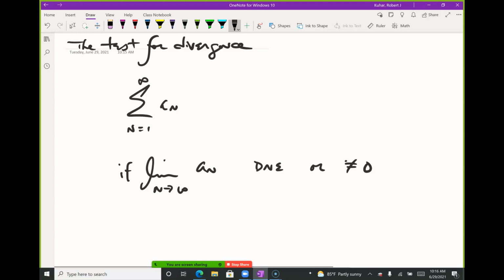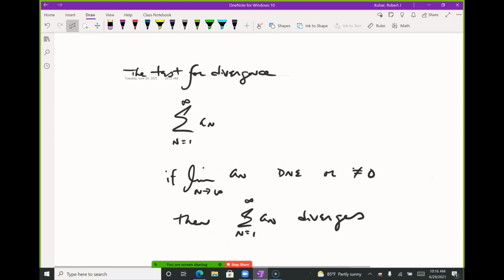The limit doesn't go to 0. I am not adding nothing anymore. I'm still adding something, and if I keep adding something, no matter how small, if it's not 0, I'm going to diverge. Then the series from n equals 1 to infinity of a sub n diverges.